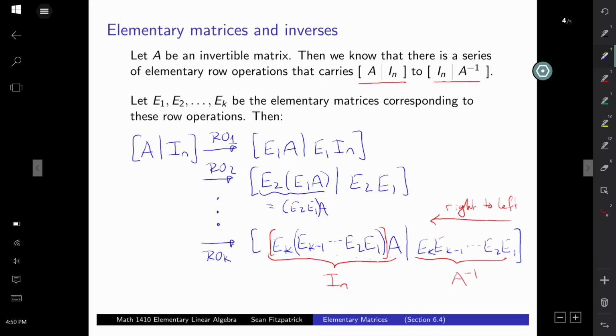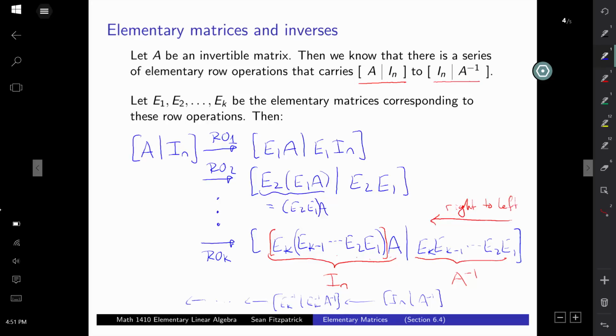I start down here at the bottom, with identity on the left and A inverse on the right. The first thing I would do is multiply by EK inverse times A inverse, right? And I would keep going. I would just reverse all these steps.